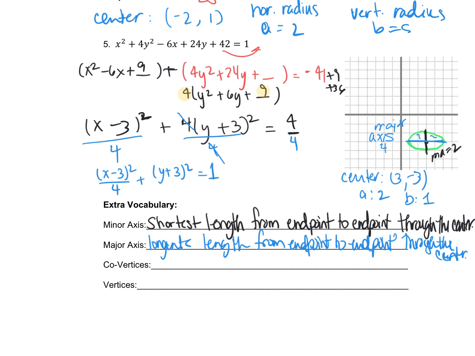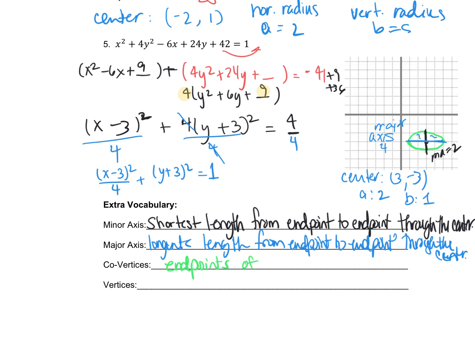Okay. Now, we have covertices and vertices, okay? So the covertices are the endpoints of the minor axis. Sorry, I think my mic went off.